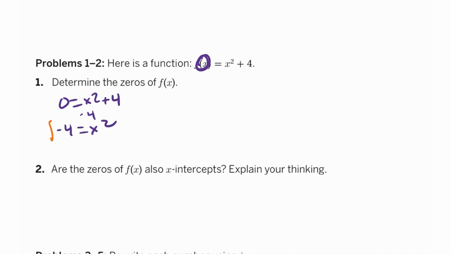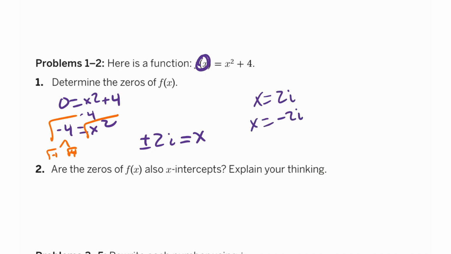I'm going to take the square root of both sides, and that's the same thing as the square root of -1 and the square root of 4. I know the square root of 4 is just plus or minus 2, and the square root of -1 is just i. And so I get my two answers here: x equals positive 2i and x equals negative 2i.